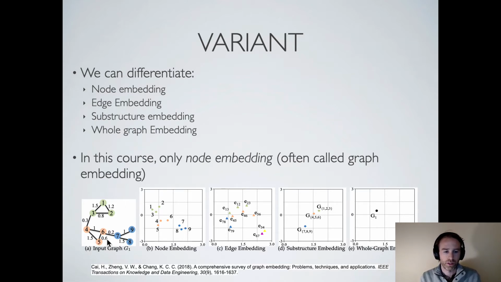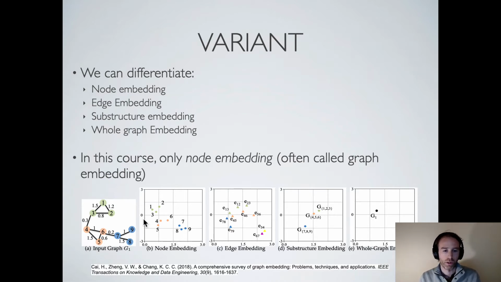The difference between them is that if you have a graph like this one, you can embed it. If you do node embedding, each node will correspond to one dot in, for instance, a two-dimensional space. When you do an embedding, you embed elements in a low-dimensional space.